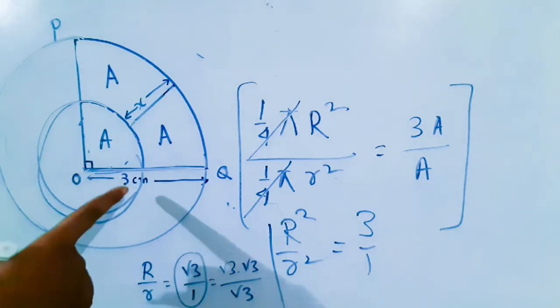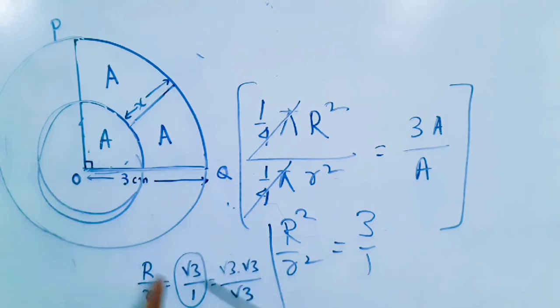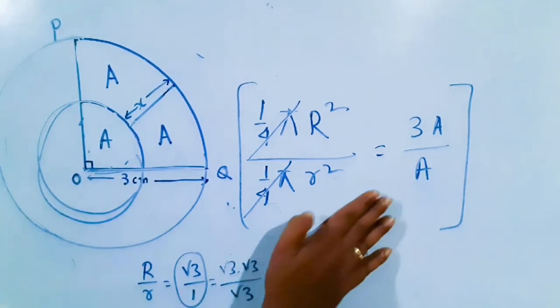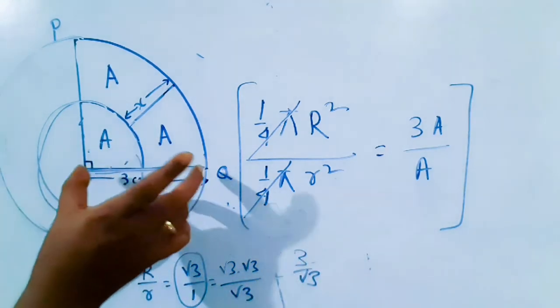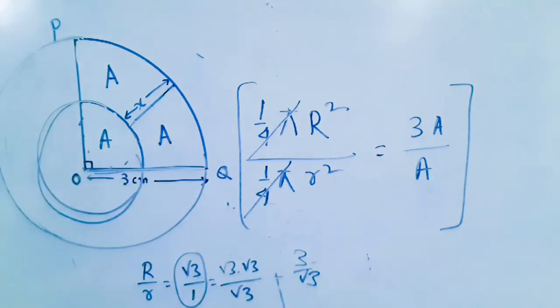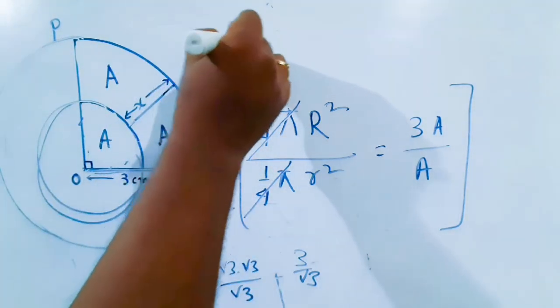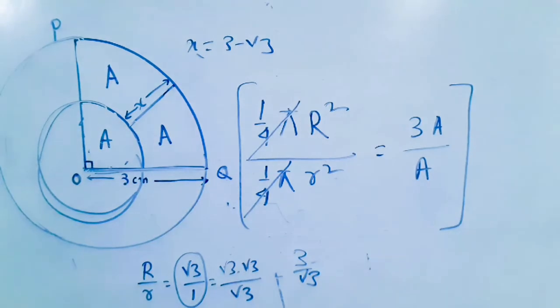So to make it 3, we have to multiply by root 3. So both sides are multiplied by root 3. Now what will come? 3 by root 3. That means value of capital R equals 3, value of small r root 3. We have already gained capital R equals 3. So we may say small r equals root 3. So what is the value of x? 3 minus root 3. This is the shortcut technique.